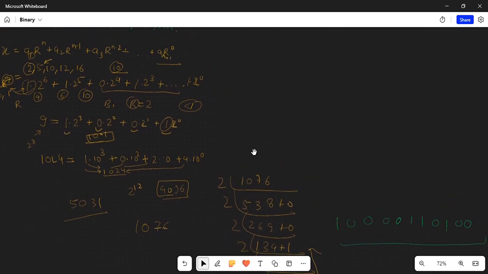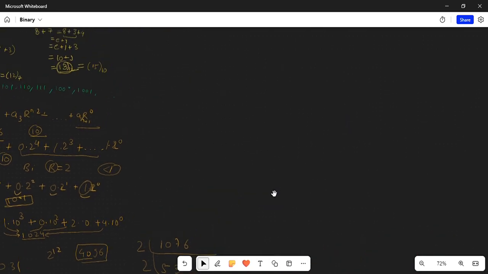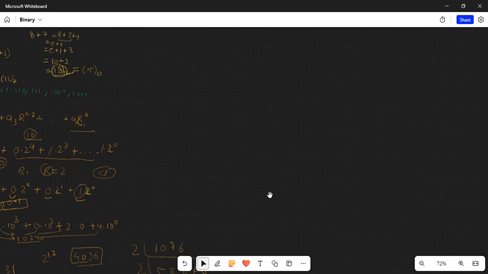I would like to illustrate with a smaller example, let's say 5 or 9. I will illustrate with 9. What we do with 9 is we write 2 cube plus 0 into 2 square plus 0 into 2 raised to 1 plus 1, so 8 plus 1.